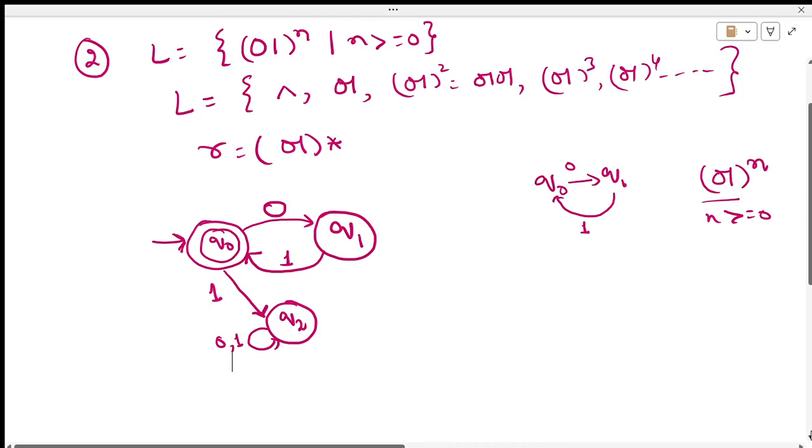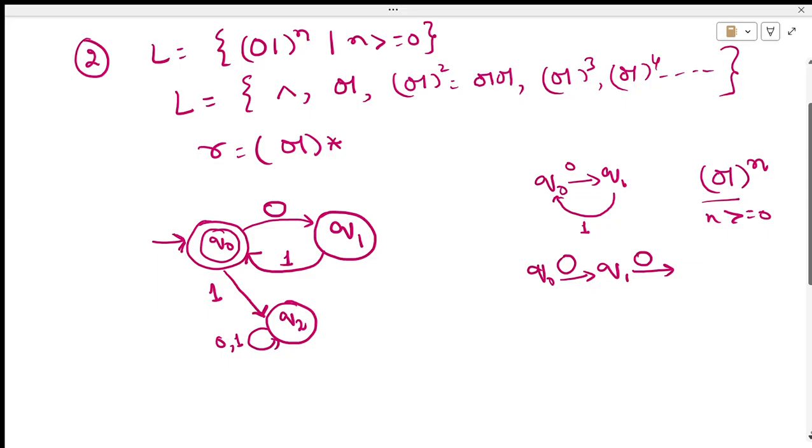Similarly, for Q1, we have shown the transition for 1, but it doesn't have a transition for 0. So if we have a 0, Q0 to Q1 is on 0, and then again at state Q1, if the machine sees the symbol 0, it means we will have a double zero in between, which is not there in the language.